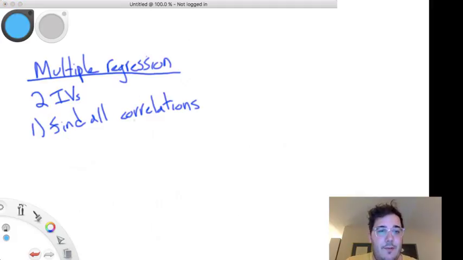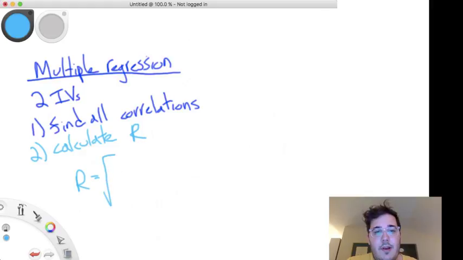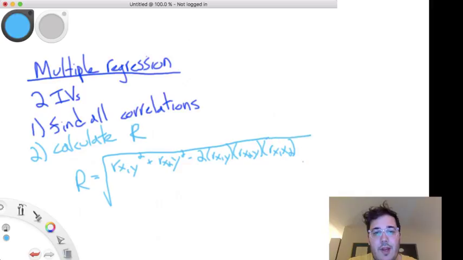The next thing you have to do is then calculate your multiple R, which is a big capital R. And that equals the square root of r x1y squared plus r x2y squared minus 2 times r x1y, r x2y, r x1x2, all under a square root, divided by 1 minus r x1x2 squared.